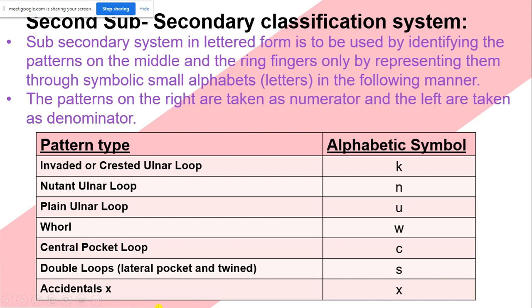So for a subsecondary classification system, we will be using only the middle and the ring finger. In this case, for loops we have invaded and crested denoted as K, Newton ulnar loop is denoted as N, plain ulnar loop is denoted as U, whorl is small w, C is small central pocket, double loops are small s, and accidentals are small x.